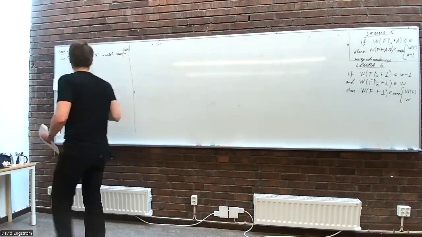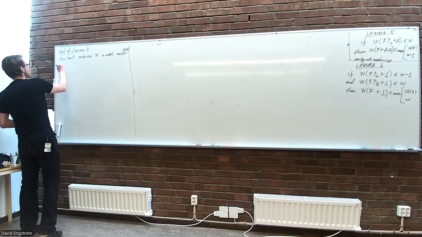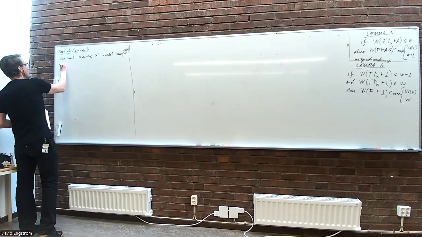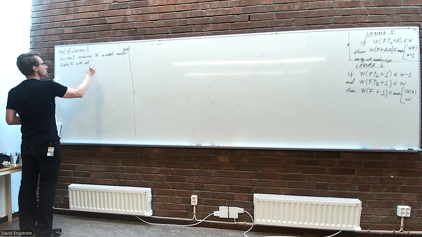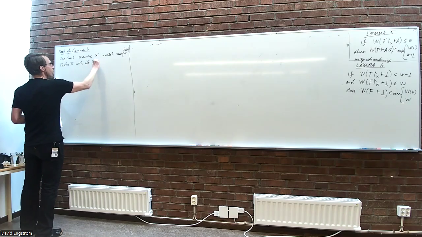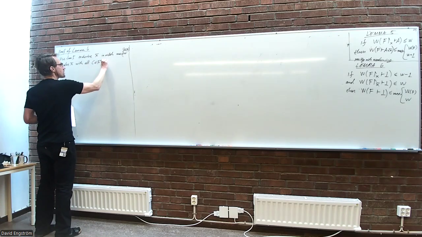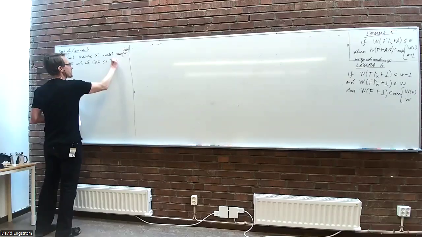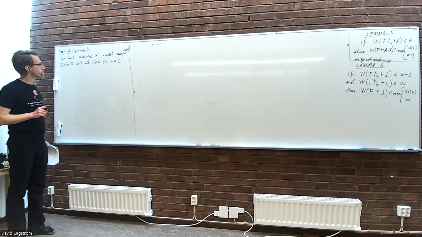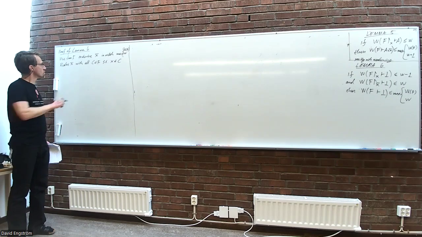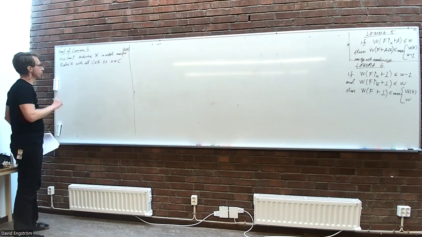Okay. Now I resolve not X with all clauses C in F such that X is in C. What does this derive?